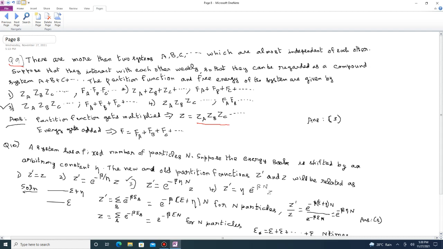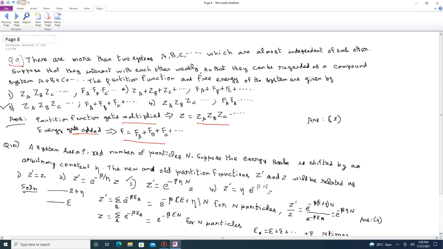So F is equal to F_A plus F_B plus F_C and so on. The partition function must be multiplied and the energy must be added. That is more important. So answer 3 is the correct answer.